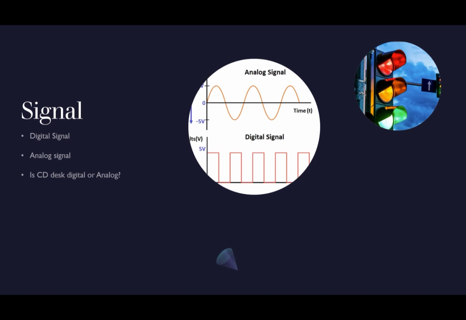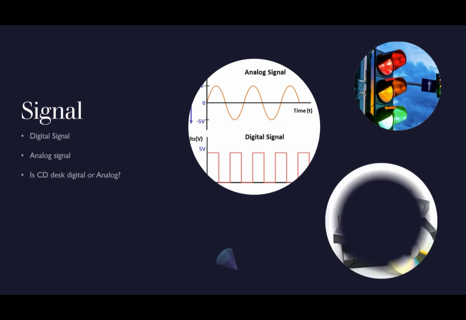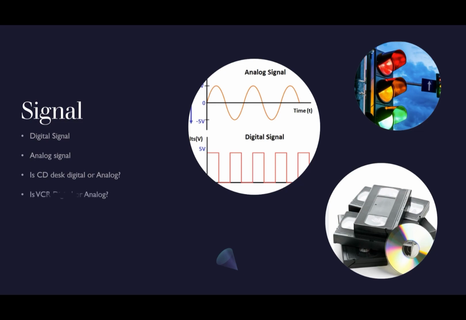I did answer that: it was digital. Is a VCR digital or analog? We will talk about these things in the rest of the video. By the end of the video lecture, when you go back to this second slide, you will be able to answer all these questions. So stick around for the next session.